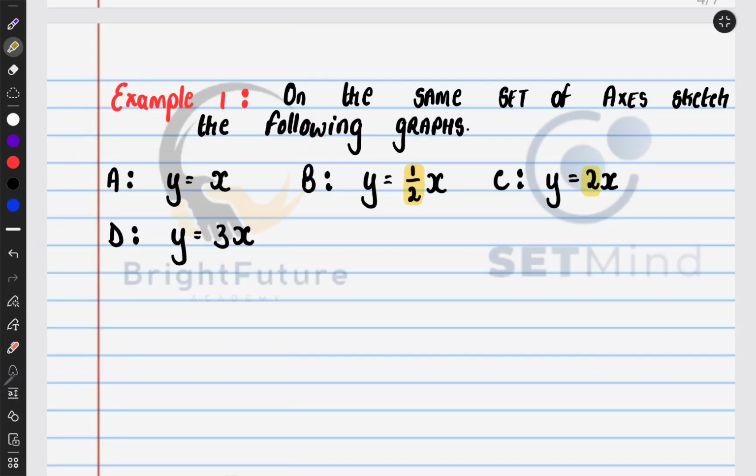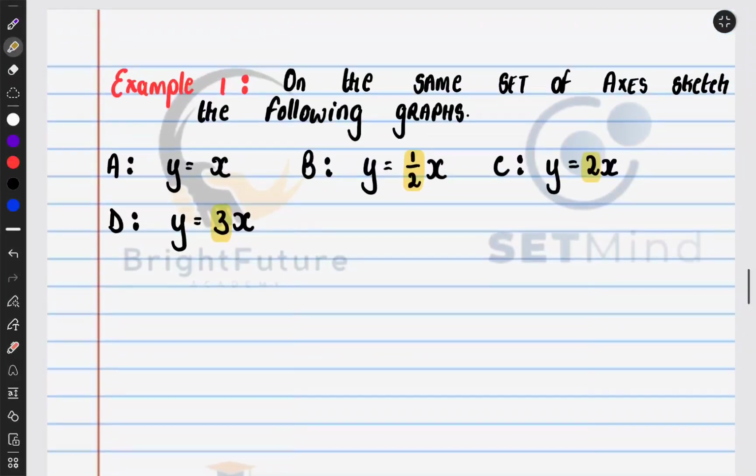Remember that a is the coefficient. I want you to notice the difference that changing the value of a makes on the mother function. Remember, I've already told you that increasing the value of a also increases the steepness of the function.